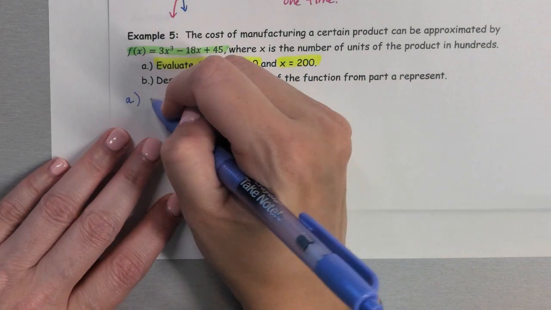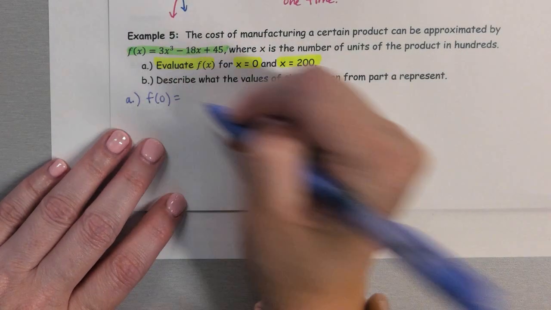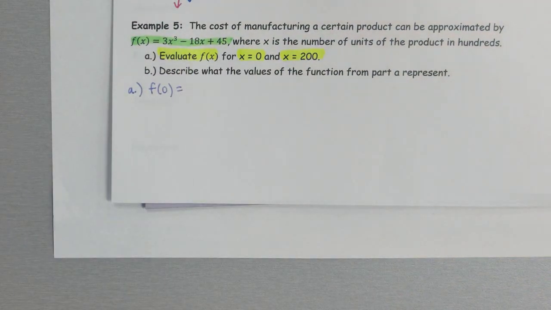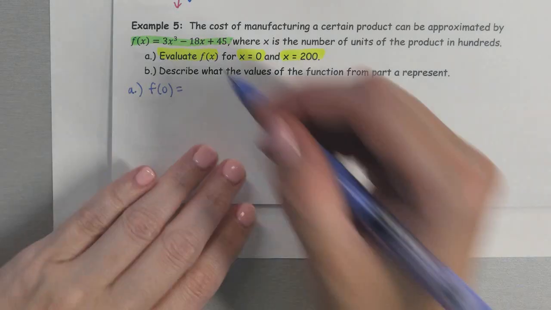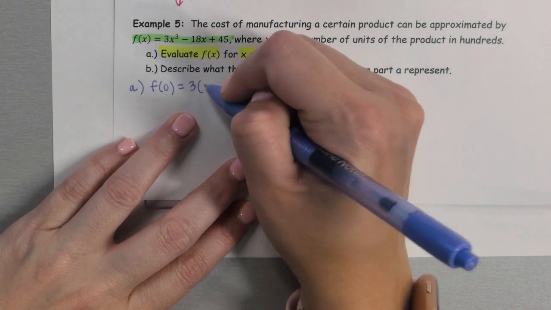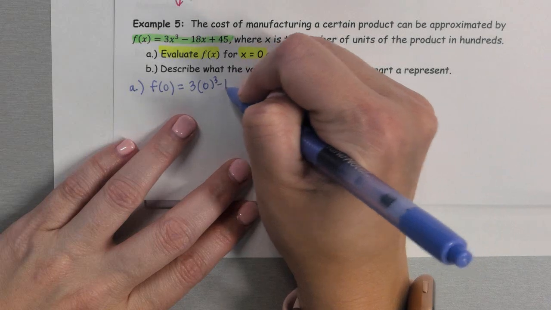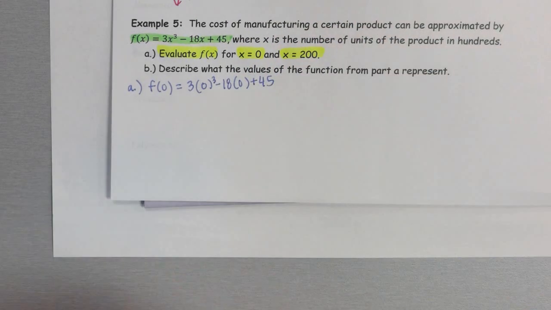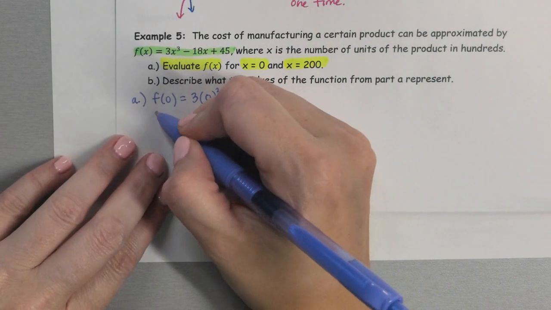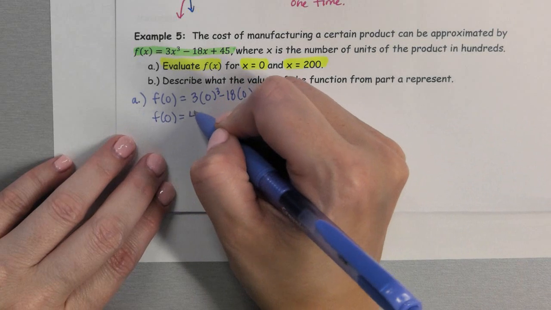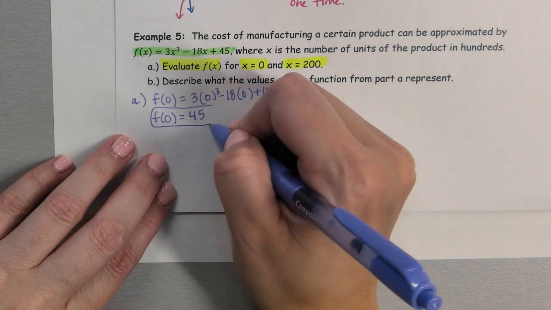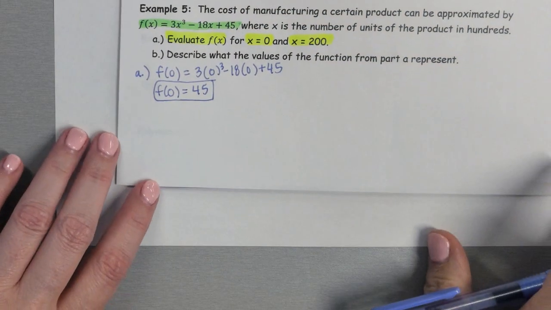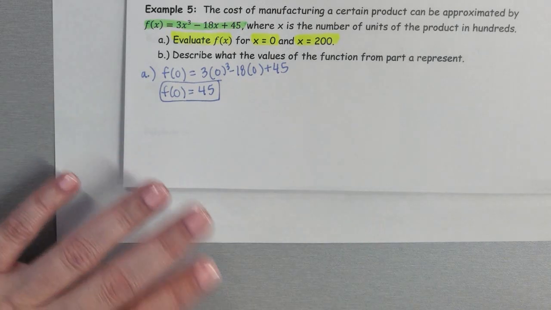Okay, so if x is 0, we can call that f of 0. And then we're going to plug that in for x into our equation. Now with 0, we can do this one without a calculator, right? Because what are we going to be left with? 45. So f of 0 equals 45. It asked us to evaluate. That's what we did. Okay, now we're going to do the same thing with 200.